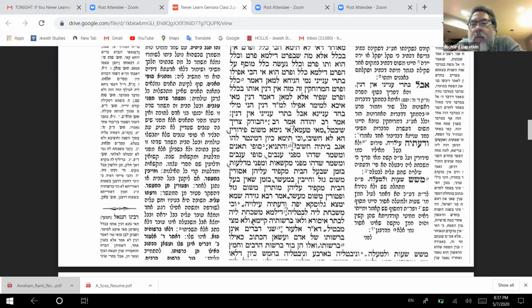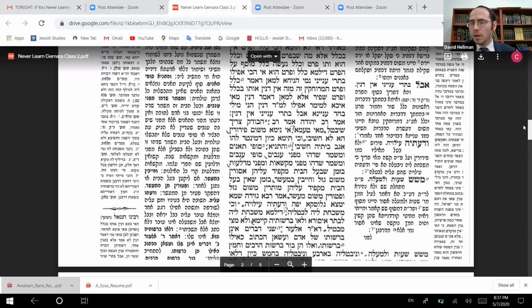So, Rabbi, methodologically, what's going on here then with this kind of back and forth for the rabbis? So they're trying to figure out Rav's reasoning, right? Meaning the Gemara in a way is questioning Rav.